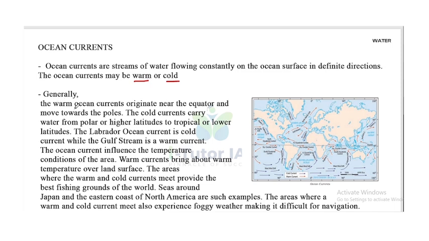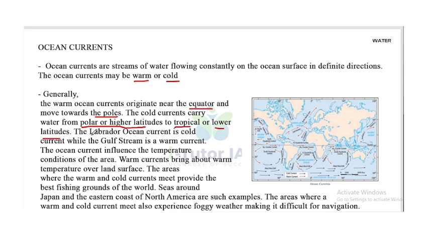Generally, the warm ocean currents originate near the equator and move towards the poles. The cold currents carry water from polar or higher latitudes, and they come to the tropical or lower latitudes.